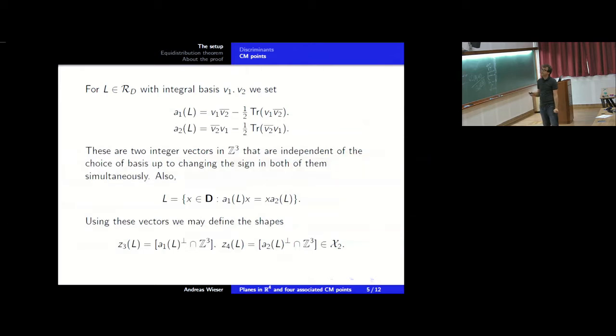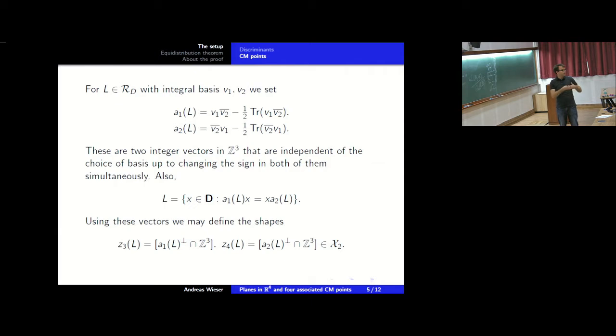Let me restrict to R_D and let me tell you how the thing works that I promised. We take some rational plane of discriminant D, and we fix a basis of the integer lattice inside that plane. I can view these two basis elements as elements of the quaternion algebra, and form this expression, which is weird at first. You take v1 and multiply with the conjugate of v2, and then we subtract the trace, so we get a traceless vector in 3 dimensions.